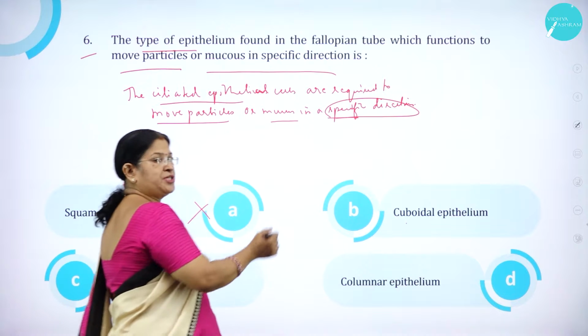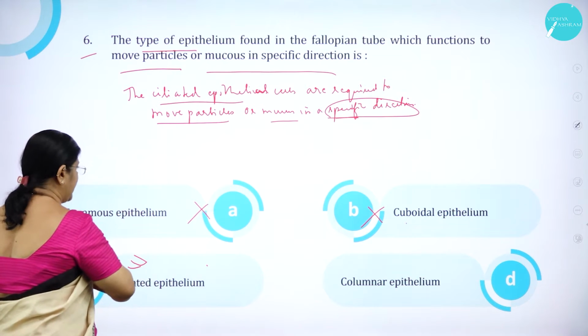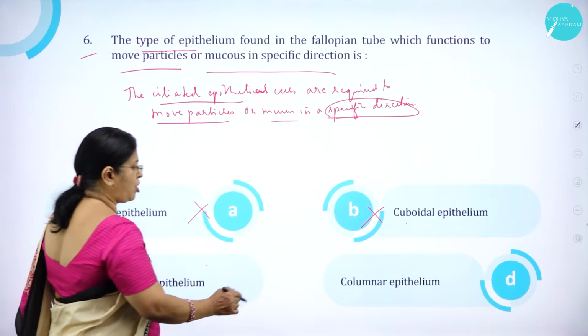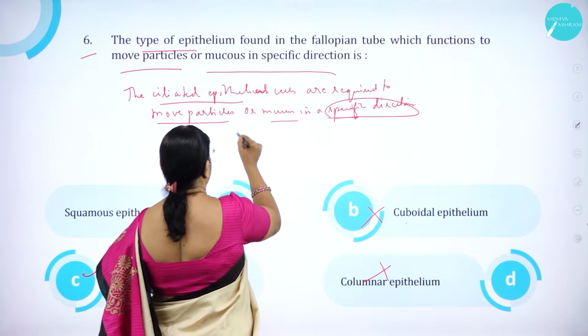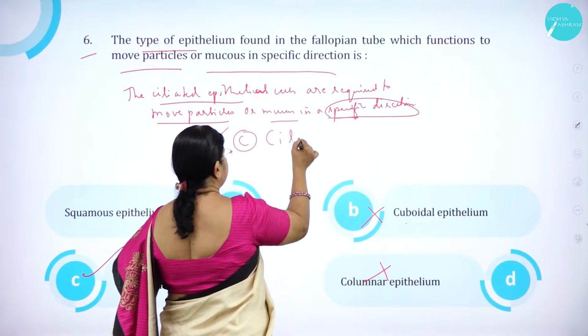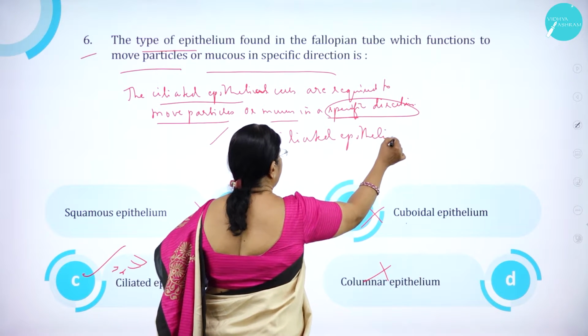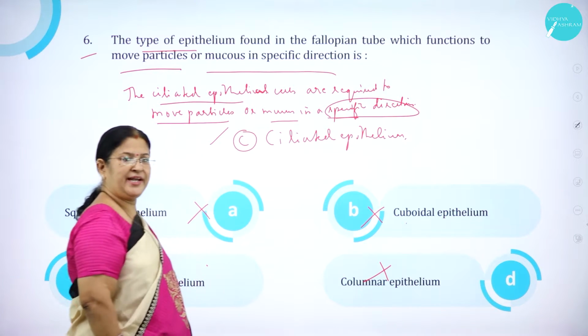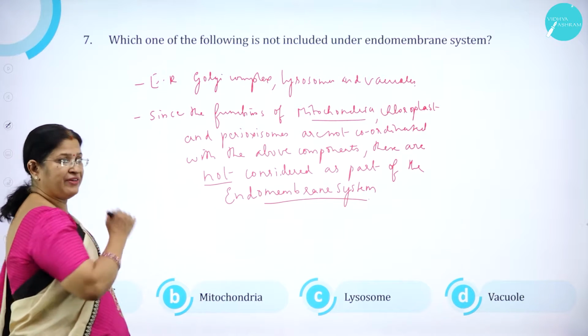Wrong. Option B, cuboidal epithelium? Wrong. Option C, ciliated epithelium? Correct. Option D, columnar epithelium? Wrong. So option C is right, that is ciliated epithelium. Moving on to question number 7.